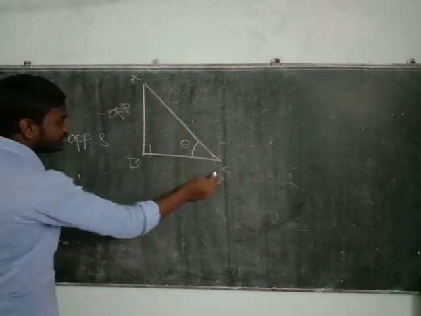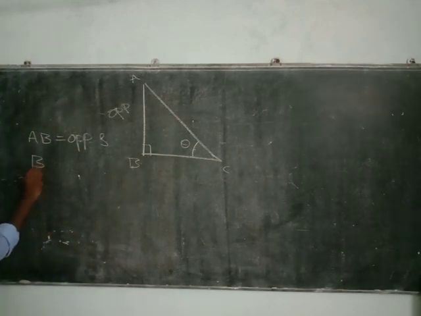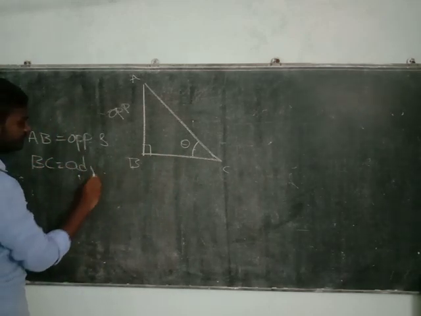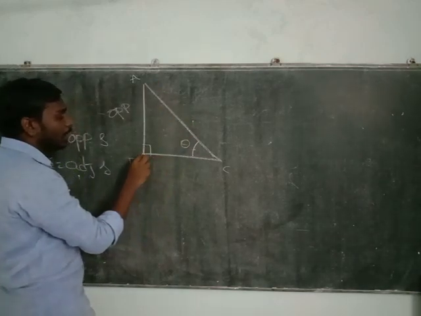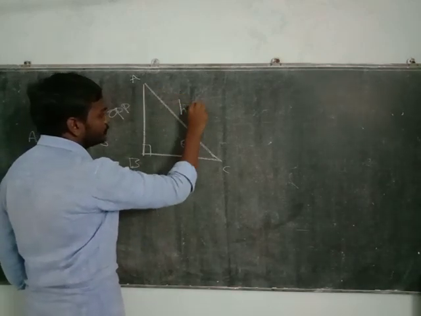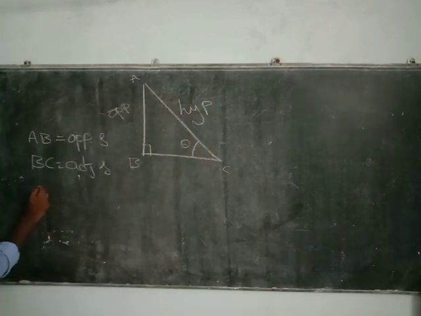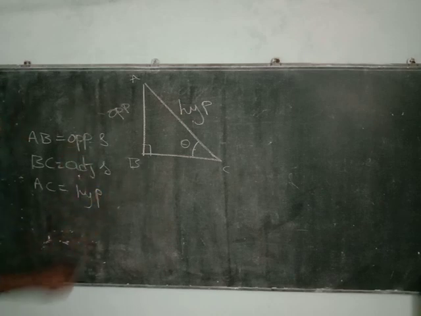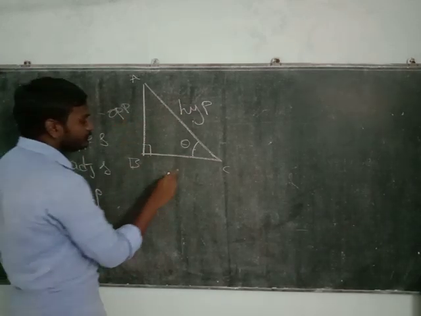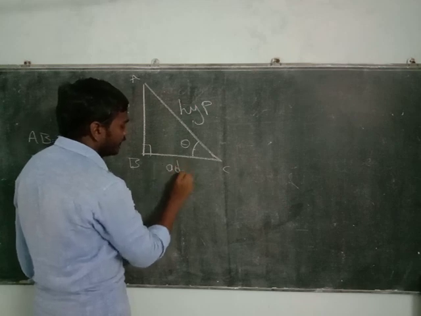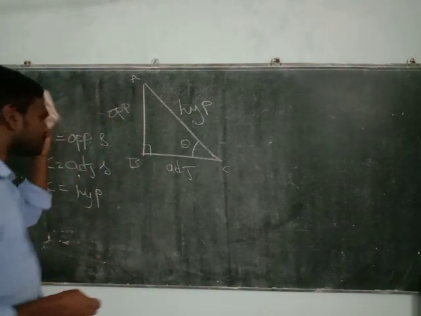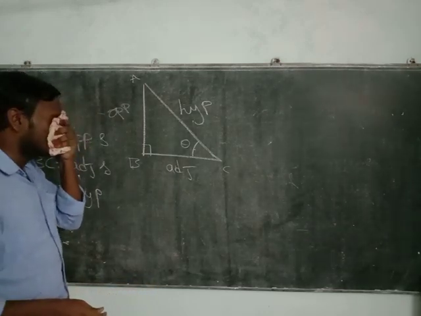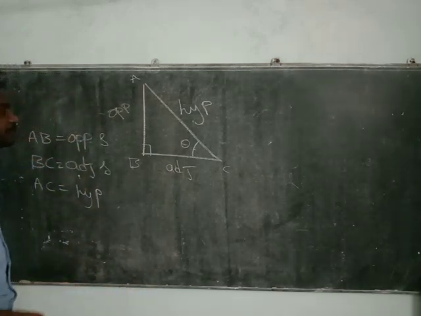Next, BC is the adjacent side, and the side which is opposite to the right angle is called the hypotenuse. AC is called the hypotenuse. So, the relation between opposite side, adjacent side and the hypotenuse can be said according to the trigonometric values.